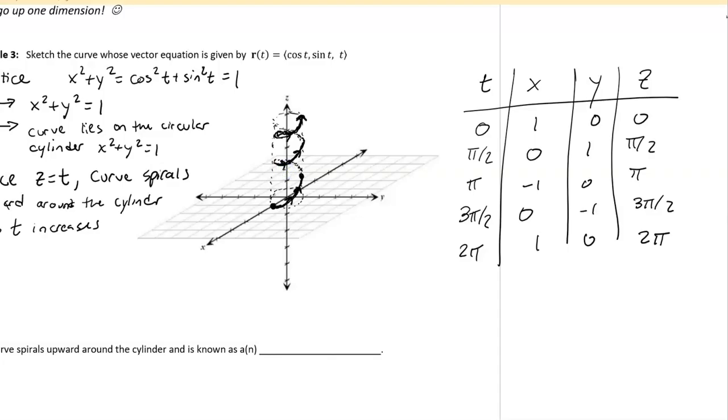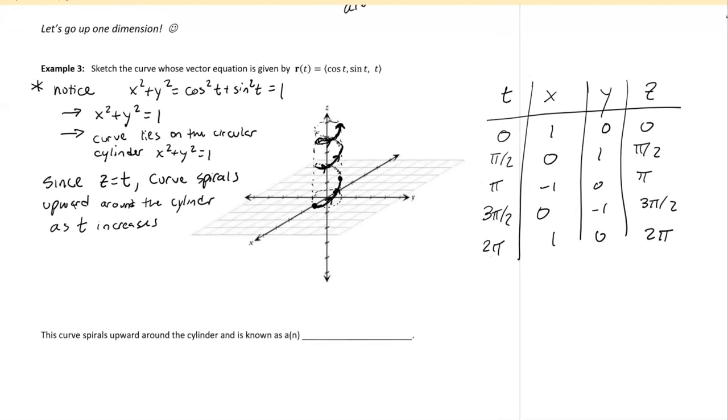Now, I'm going to put arrows on this whole thing because our domain isn't restricted for this one, so this curve is going to keep spiraling up forever. We do call this type of space curve a helix. So if I were to try to draw it freehand like that, that's what we're doing right there. It's going to keep going up and up and up.